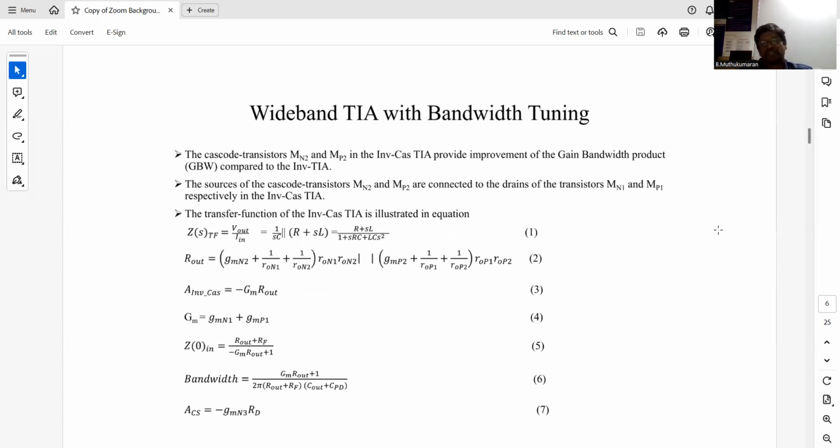The output resistance of MN2 and MP2 is given by equation 2. The inverter-cascode gain is given by minus gm times Rout, and the transconductance is described by equation 4. The bandwidth is described by equation 6. The overall gain of the common source amplifier is minus gm N3 times RT.